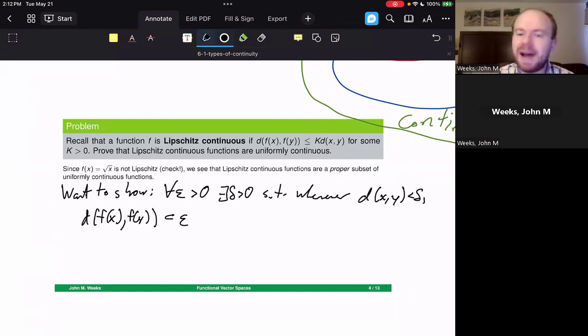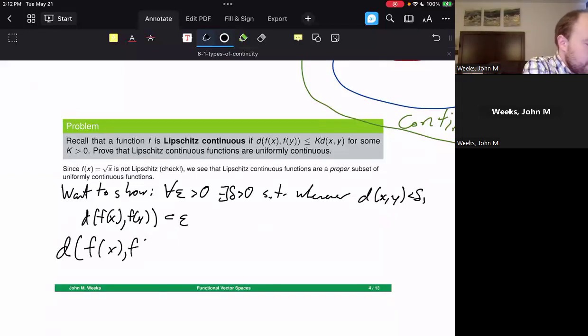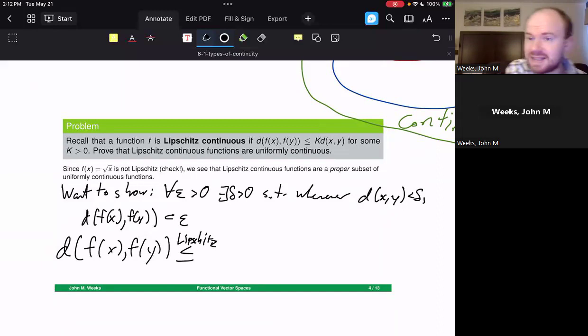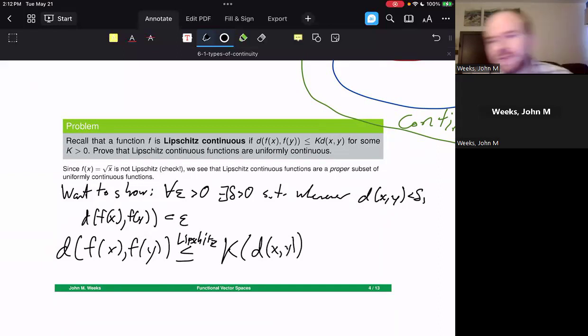I probably should be trying to find a connection between those two. Let's see if we can do it without making a particular choice of x. Well, I know that the distance between y values, by the definition of Lipschitz, is less than or equal to k times the distance between the x values. So k times the distance between x comma y.